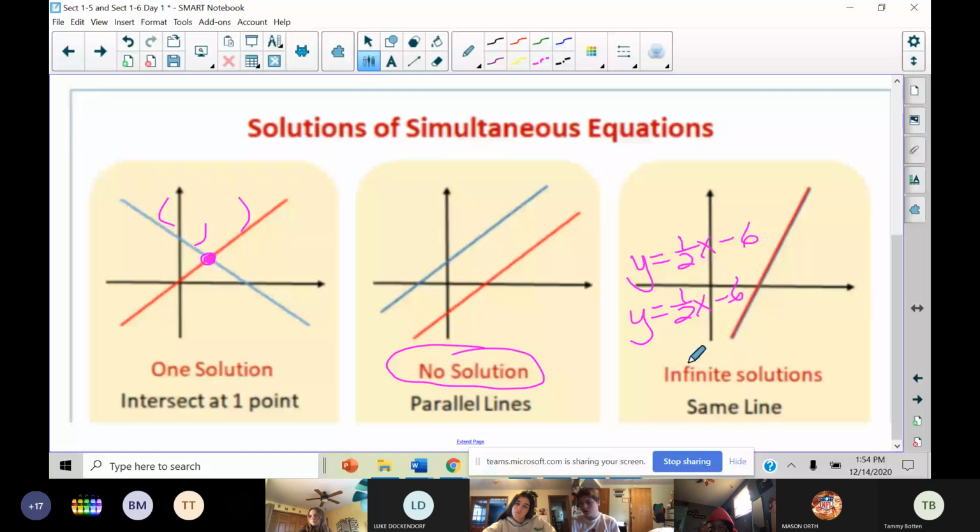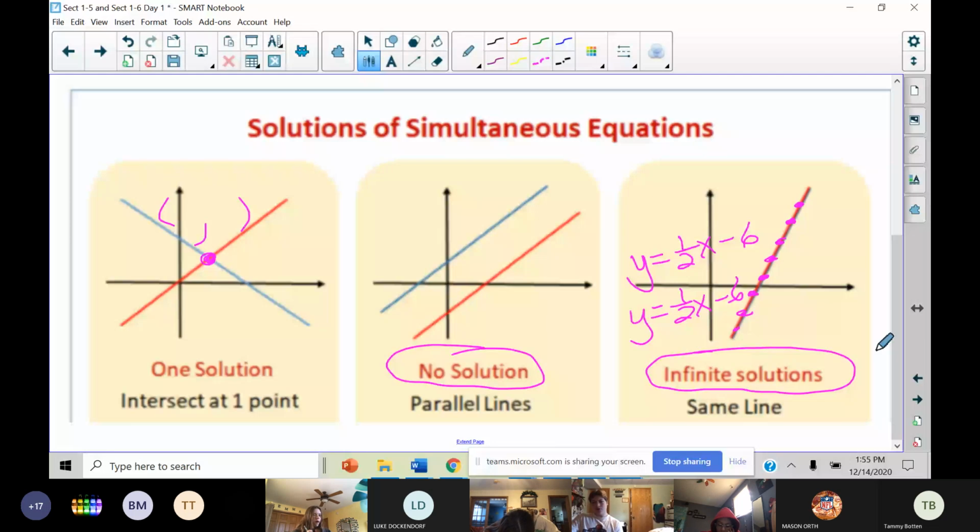And again, your solution to those two equations is where do your lines intersect? And here they intersect every single point on the line. And so that is why there is infinitely many solutions whenever you get the same line.